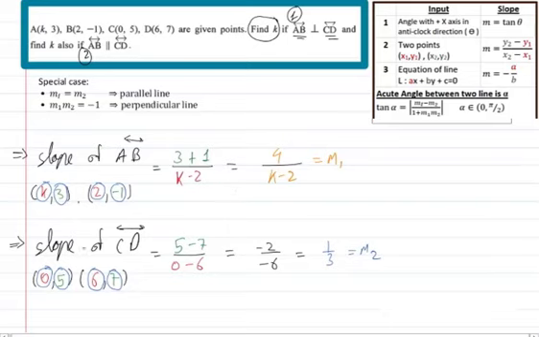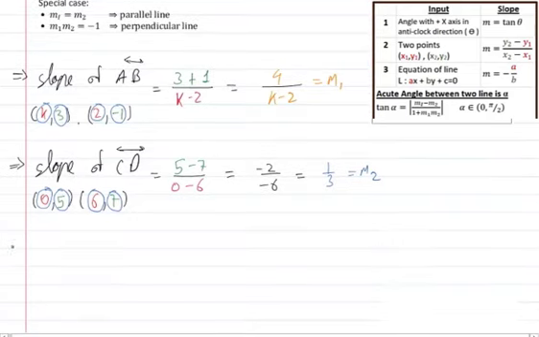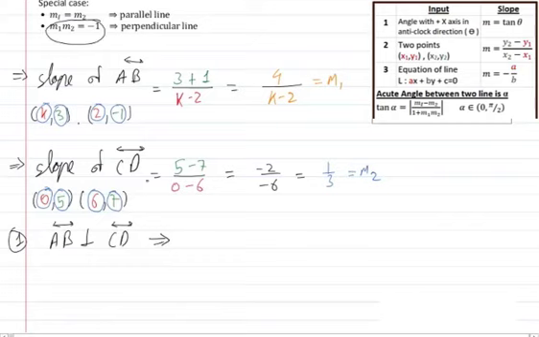Now let's use the conditions which are given. The first condition is AB is perpendicular to CD. That means the product of slopes will be -1. So we can say M1 into M2 will be -1. Let's place their values.